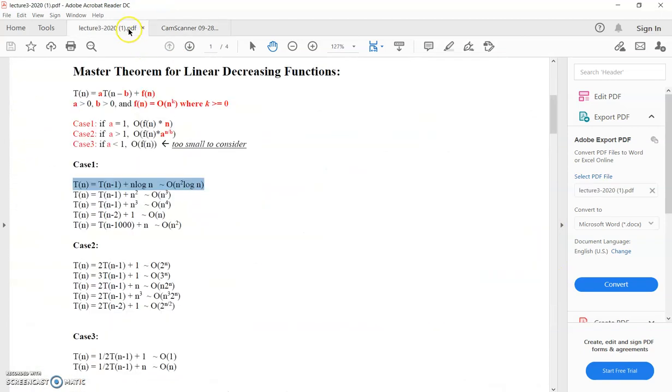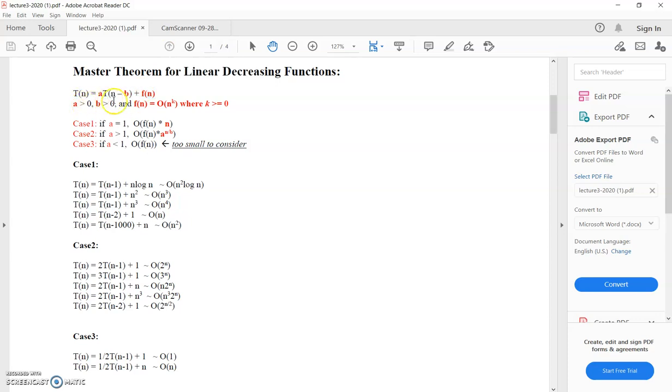So let's go to our lecture. Every function is going to be in this form: T(n) = a times T(n-b) + f(n). Whenever we have an equation, we convert it to this form and find the values of a and b.